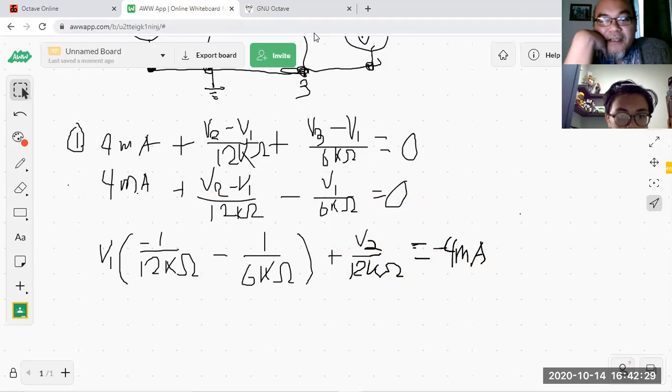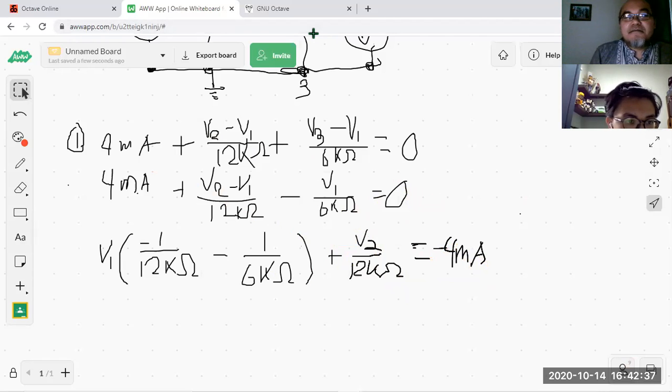V1 multiplied by minus 1 over 12K minus 1 over 6K, plus V2 divided by 12K, equals minus 4 milliampere. Then this one you can still simplify, right? The minus 1 over 12K minus 1 over 6K, you can simplify further.